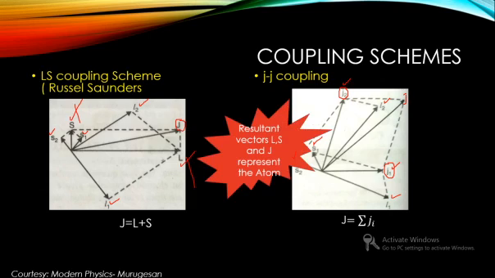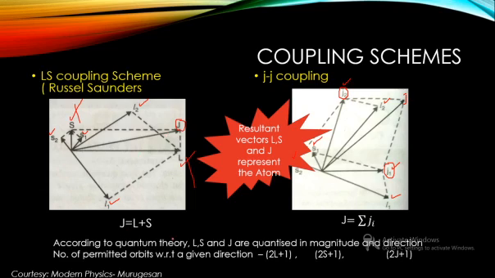All these resultant vectors, capital L, capital S, capital J, represent the totals with respect to many electrons, right? That means they represent the state of an atom. According to quantum theory, all these L, S and J must be quantized both in magnitude and direction.